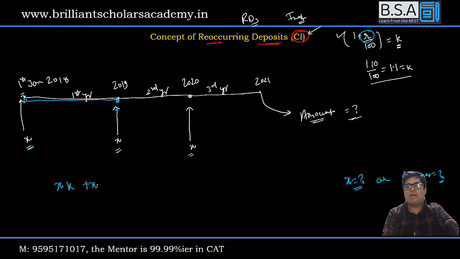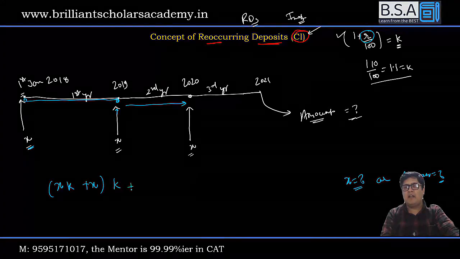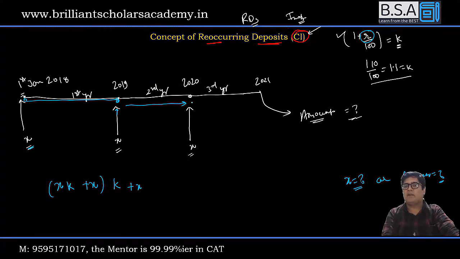Now this together stays in the bank for 1 more year, so the whole thing increases by K. Another amount X rupees is added here. Now all of this is within the bank for 1 year, so it again increases by K. Now what you have is the amount AM.